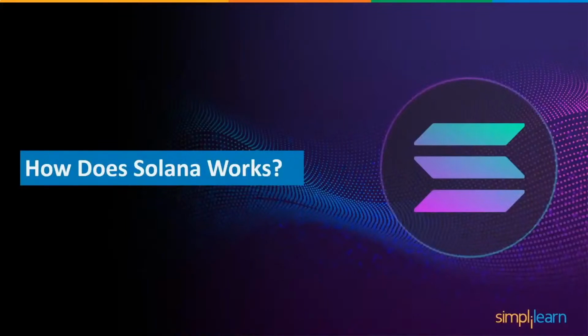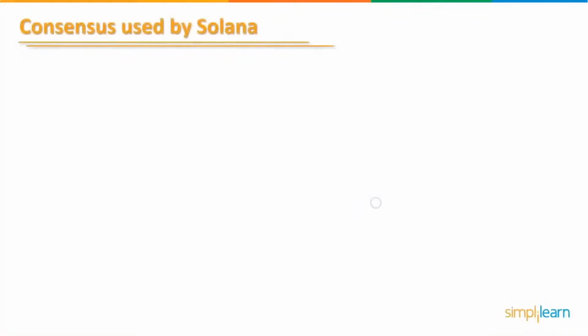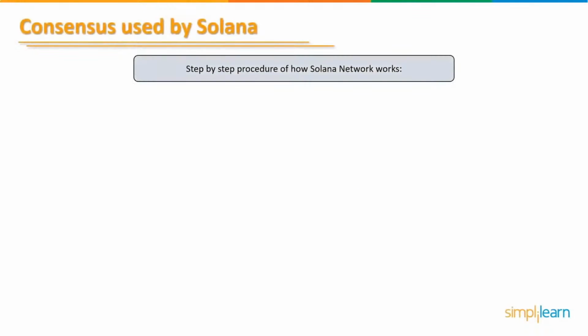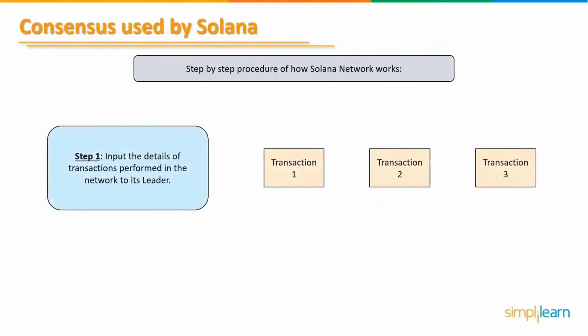Now that we know about its structure and mechanism, let's explore how Solana works. Now we know Solana has built a one-of-a-kind method for determining the time of a transaction known as proof of history. Let's see the step-by-step procedure of how it works. Step 1. Input the details of transactions performed in the network to its leader.